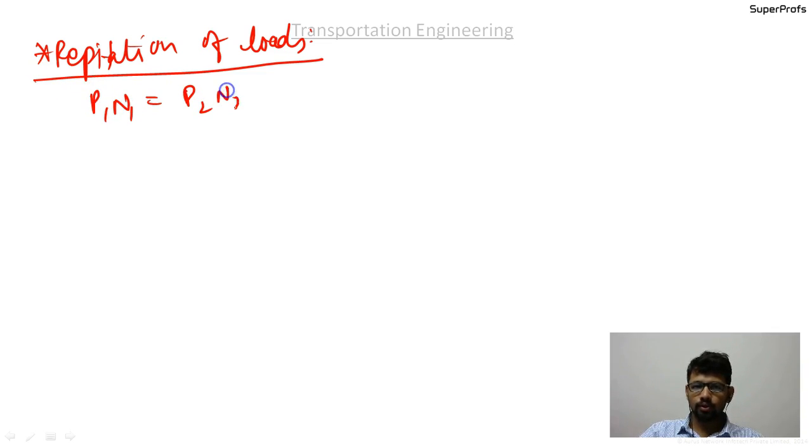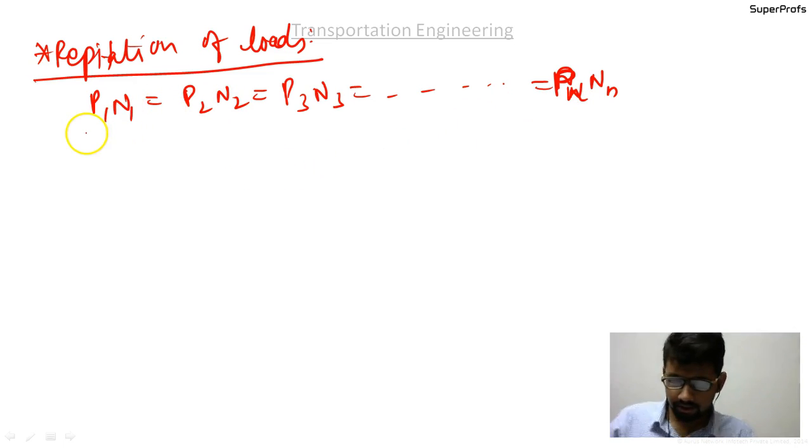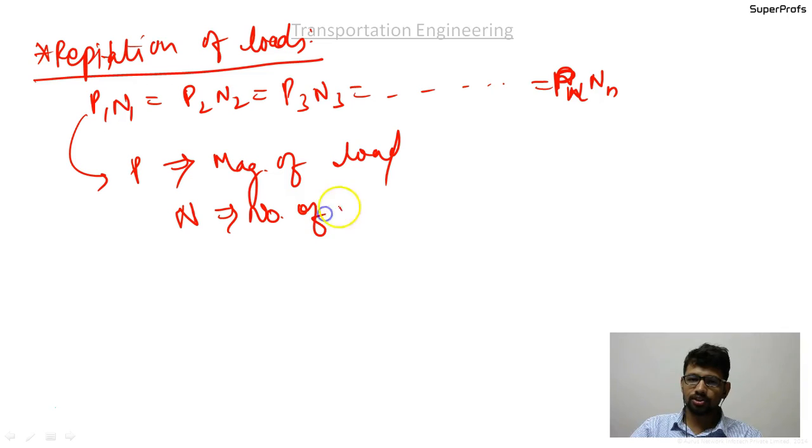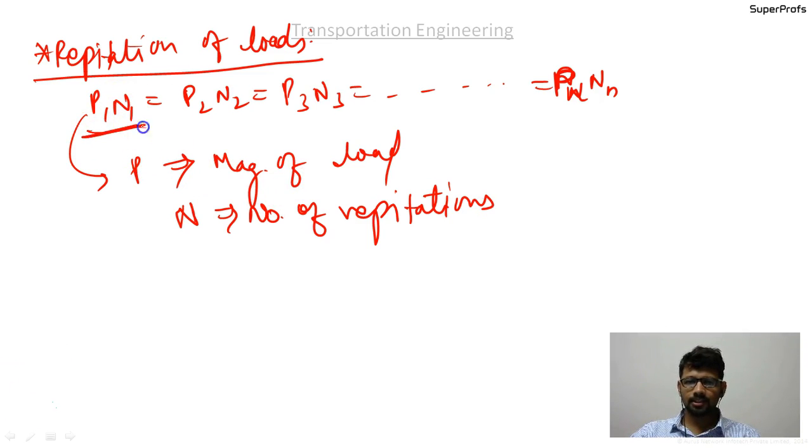P1N1 equal to P2N2 equal to P3N3 equal to PnNn, where P is magnitude of load and N is number of repetitions. So these are various cases, first case, second case, third case, and n number of cases.